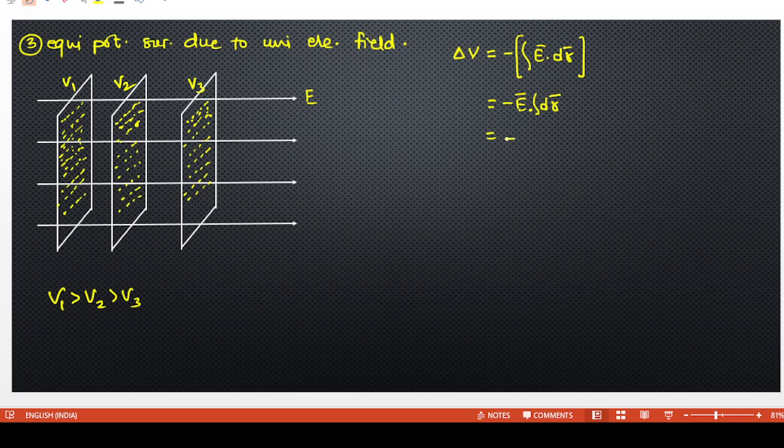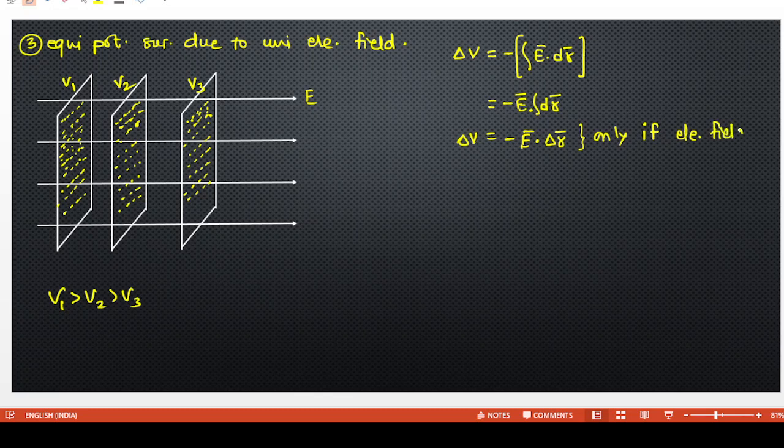Here dr is a small displacement, so integral dr will be the total displacement. This can be used only if the electric field is uniform. This formula is applicable only if the electric field is uniform.